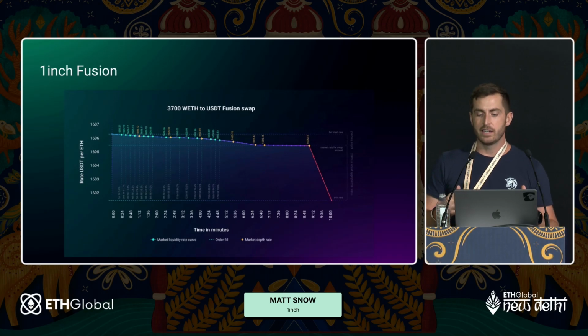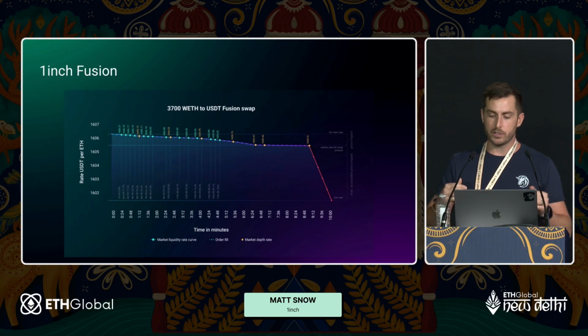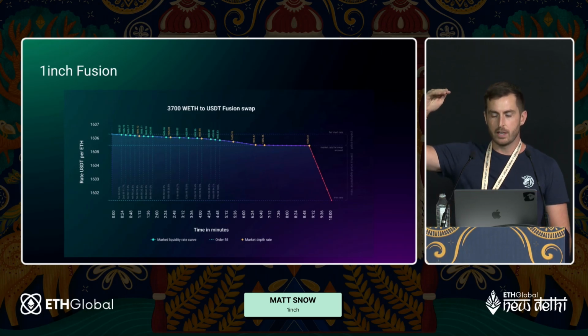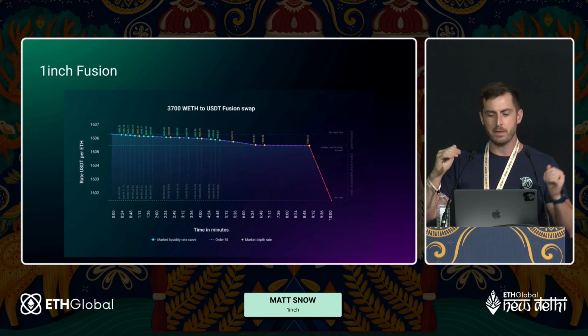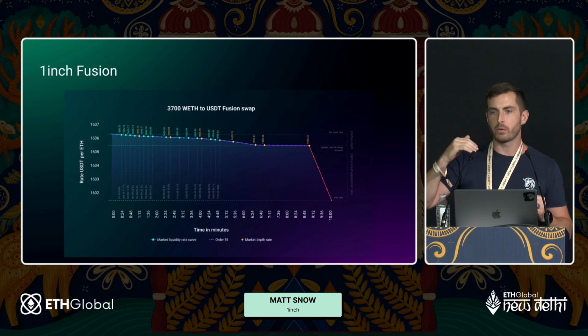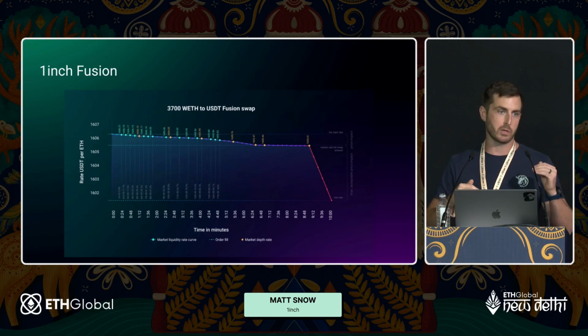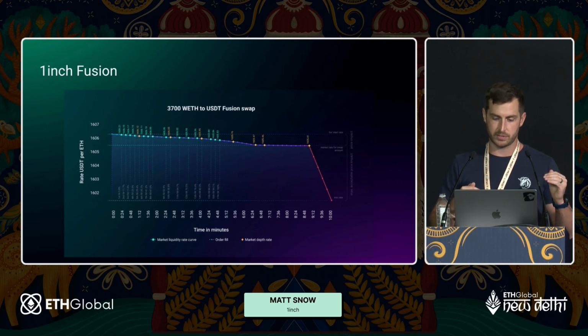So essentially, the order starts at spot price, which is a general price pulled from the overall market, which includes centralized exchanges, CoinGecko prices, things like that. It's not just strictly on-chain pricing. Then it goes down to the market rate, which is the actual rate you would get if you were to swap directly through an aggregator, like our aggregation protocol, or directly through a DEX.